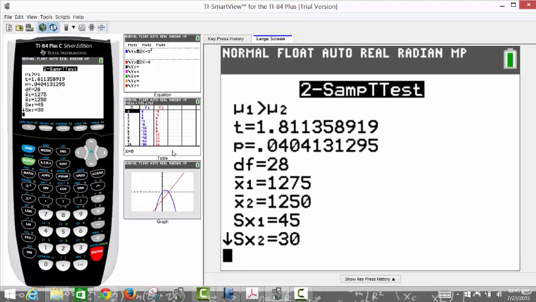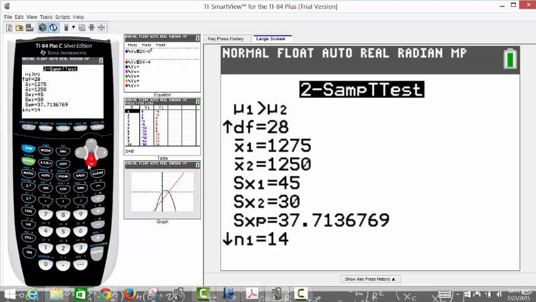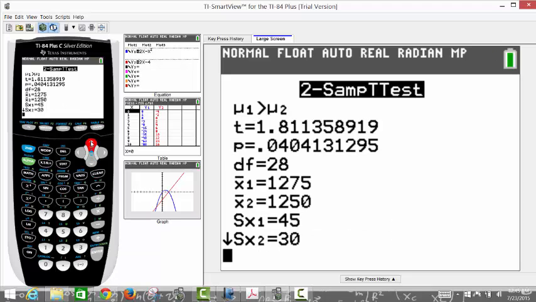And I don't know what else they show. This looks like they spit back. Let me scroll down for a minute and come back up here. They have the pooled standard deviation at 37.7. Well, there's the correct test statistic for T, 1.811.